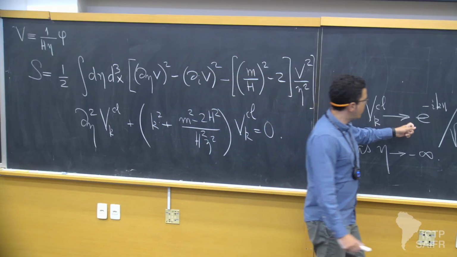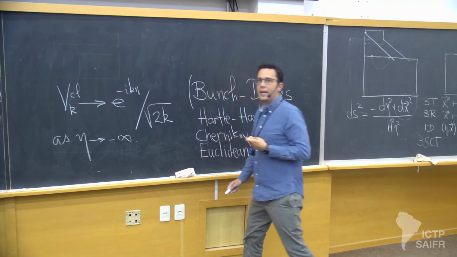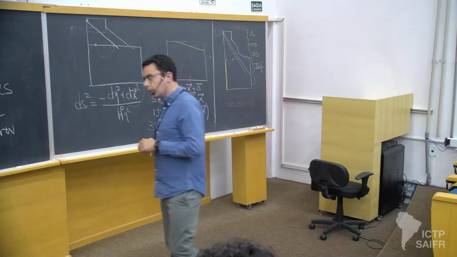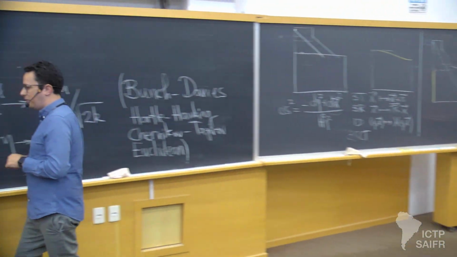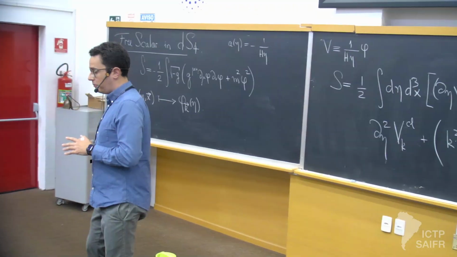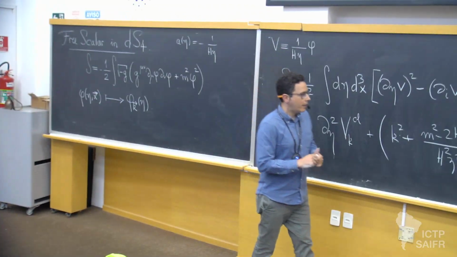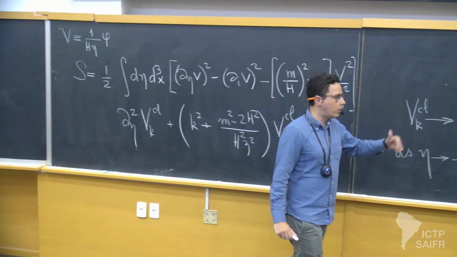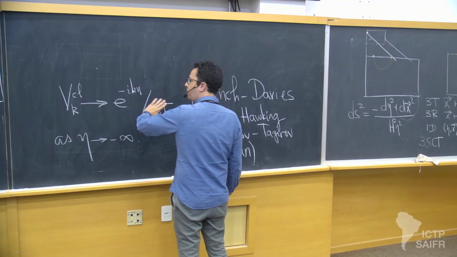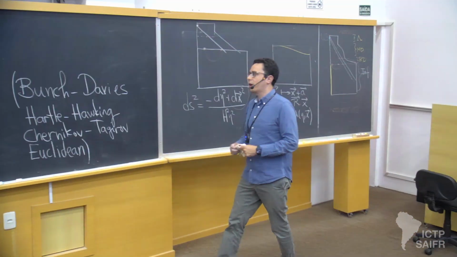That's to say that you could have picked an admixture of e to the minus i k eta and e to the plus i k eta, and you would construct de Sitter invariant states. I don't know what the physical meaning of these things are. They're called alpha vacua. They've been known since forever, maybe the 80s, maybe even Chernikov and Tagirov knew about it. But it's very hard to make sense of them beyond free field theory. So for interacting theories, we keep using these and things keep working. So it's a working assumption.